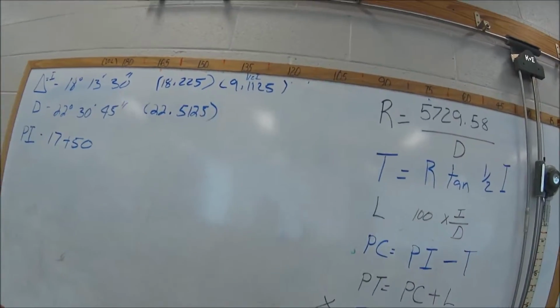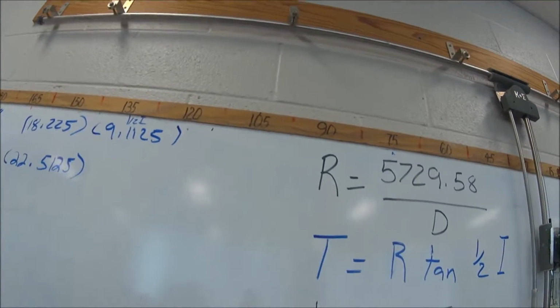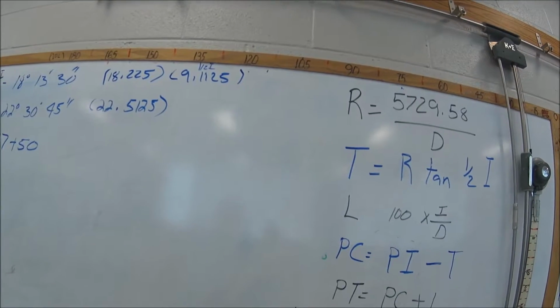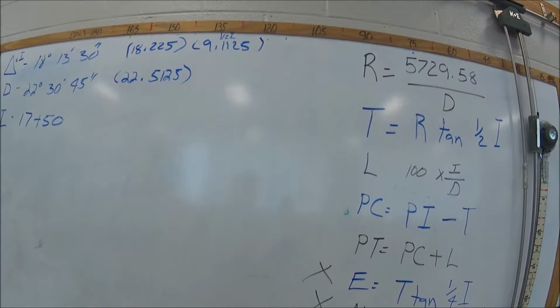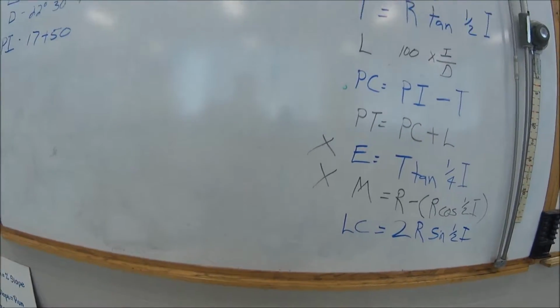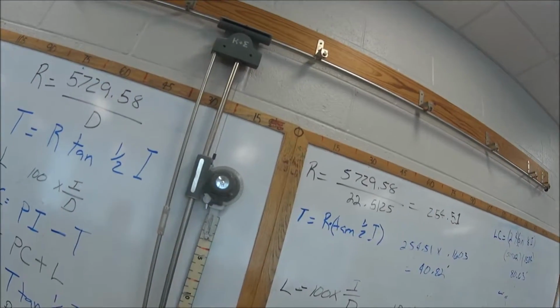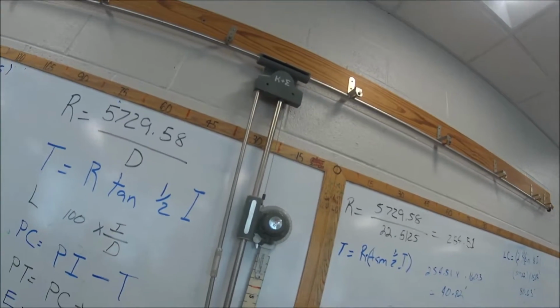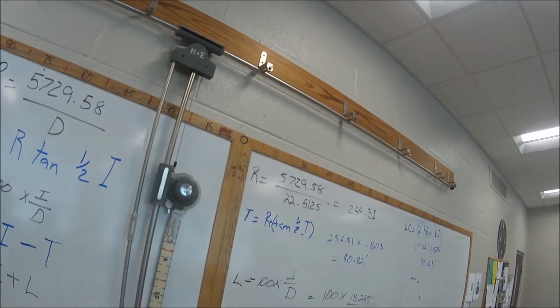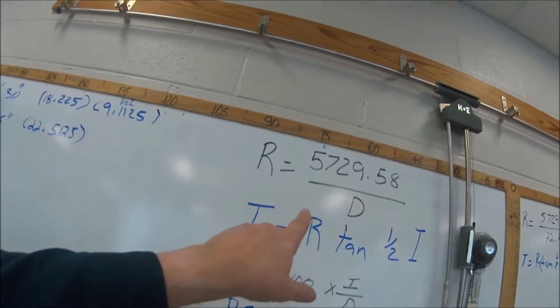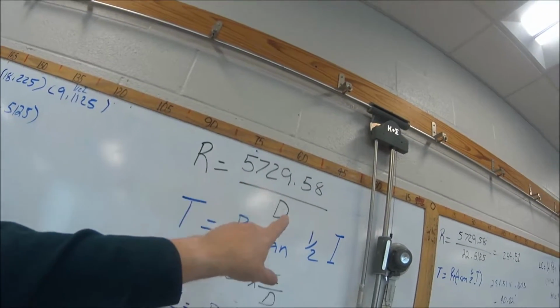Okay, you'll be asked to find the R, the T, the L, the PC, the PT, and the LC. Okay? The radius. The formula is 5729.58 divided by D. The 5729.58 is a constant.